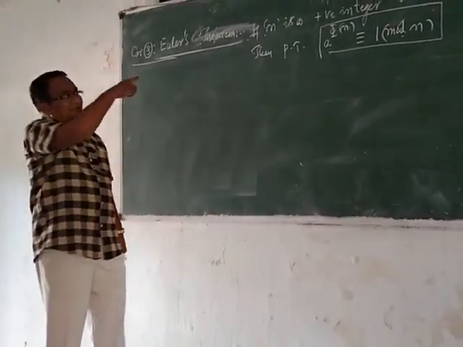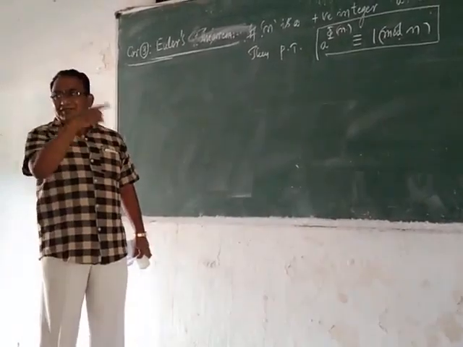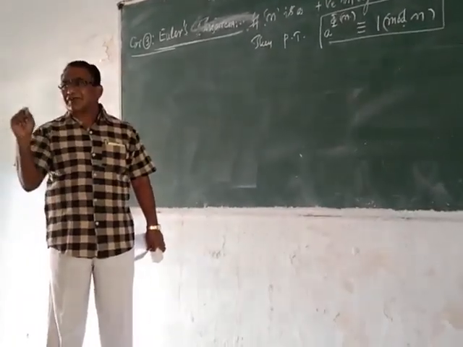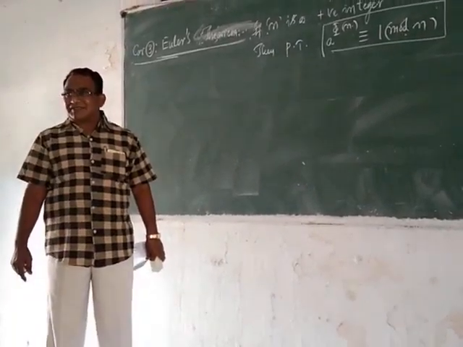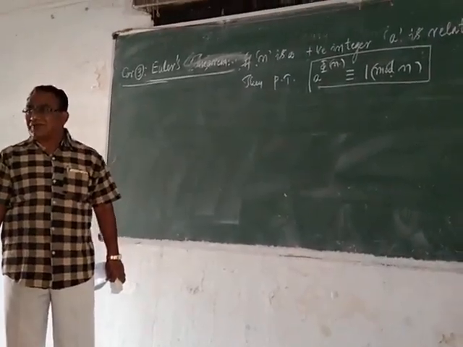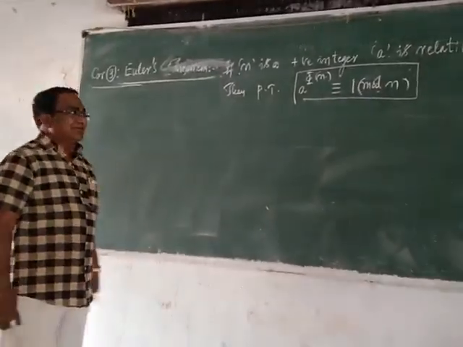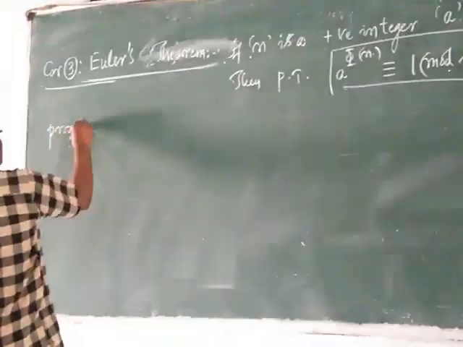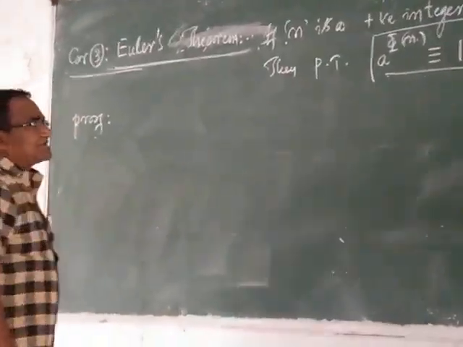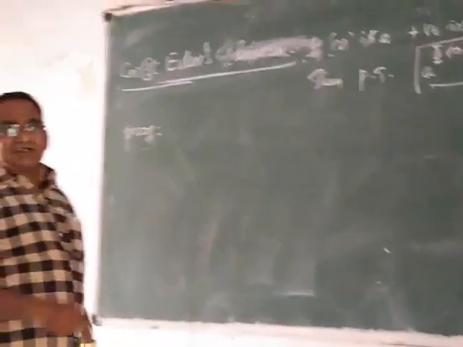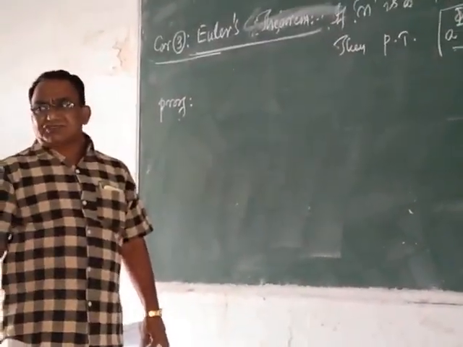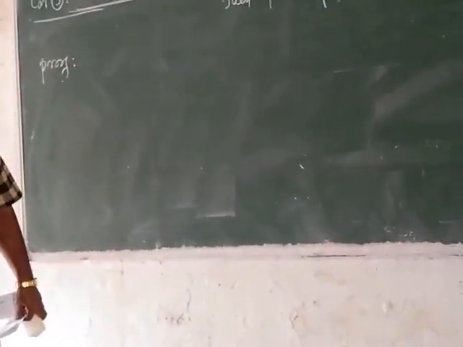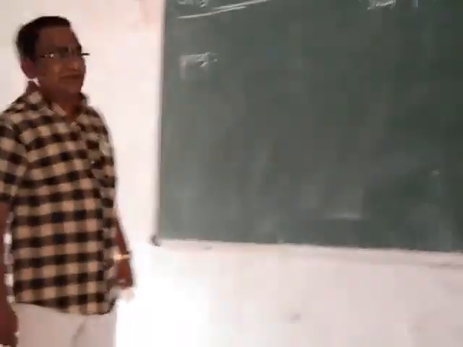By the very definition, the number of integers relatively prime to n is the Euler's phi function of n. So if G is the group containing all the elements which are relatively prime to n, then the order of G is equal to phi n.